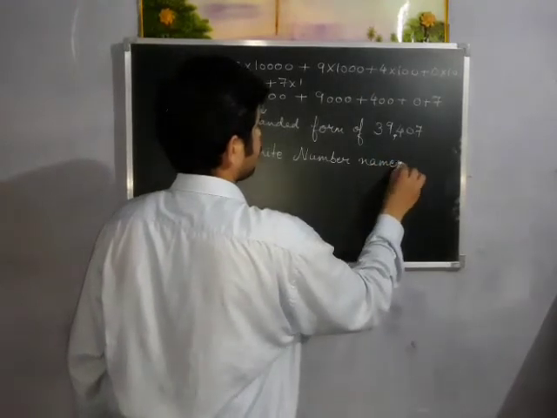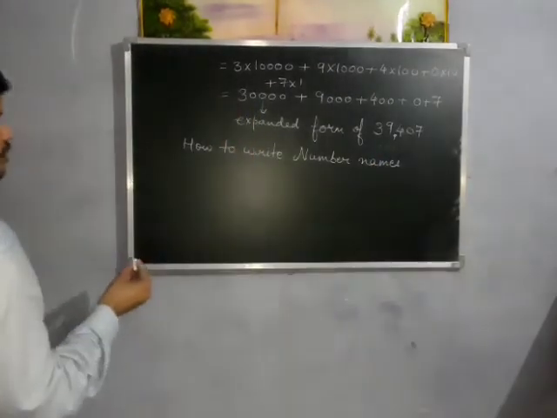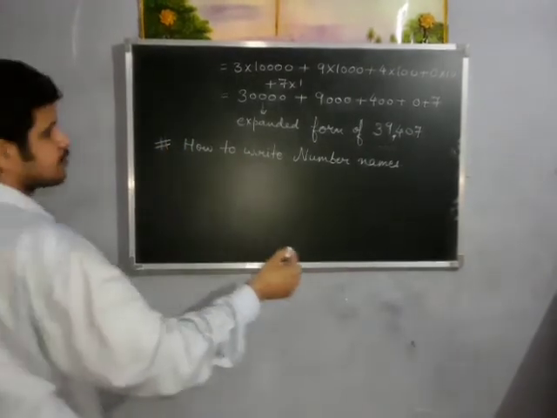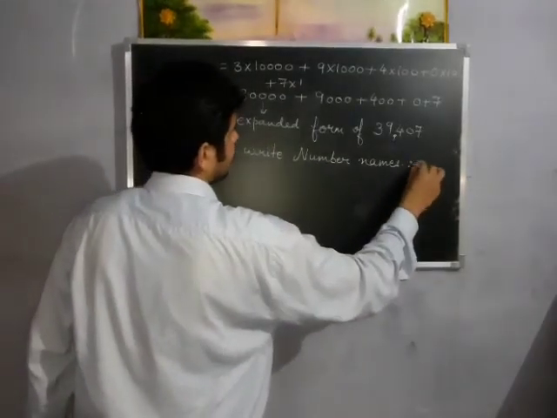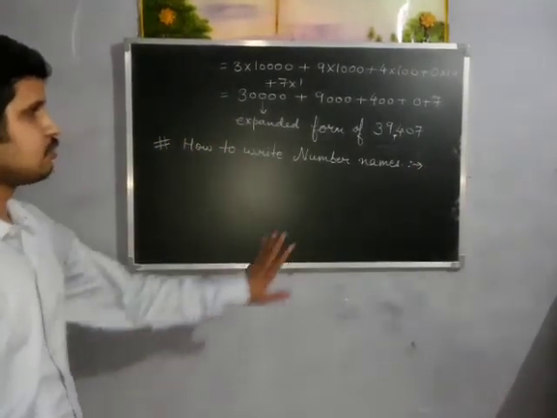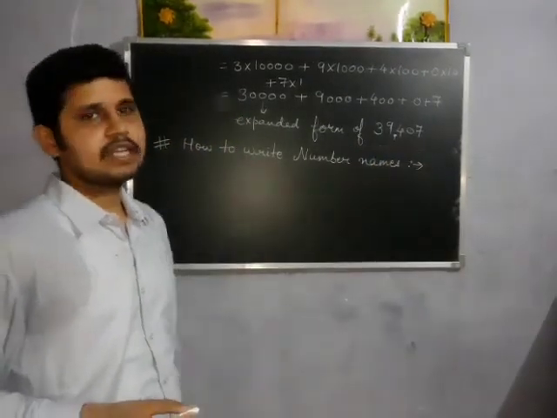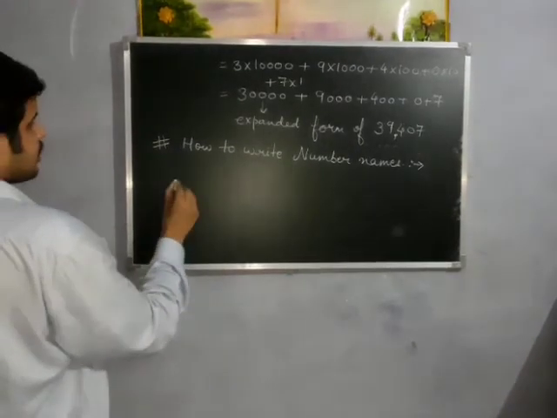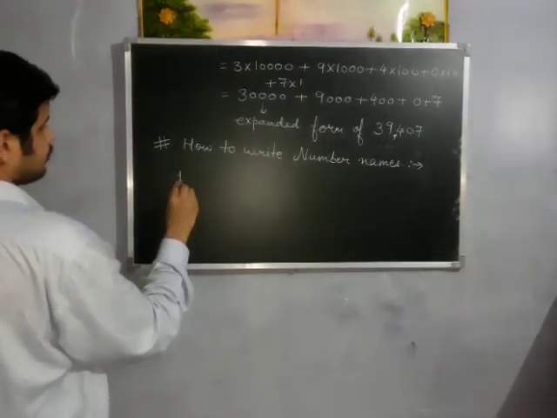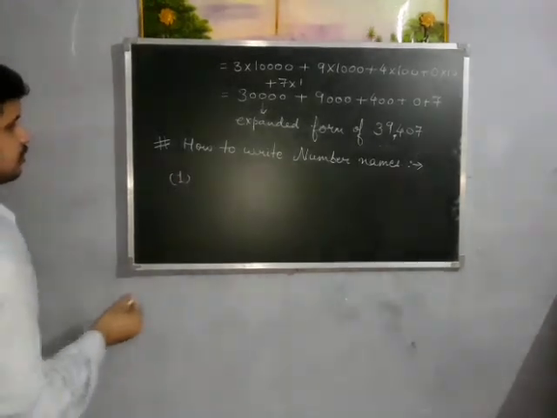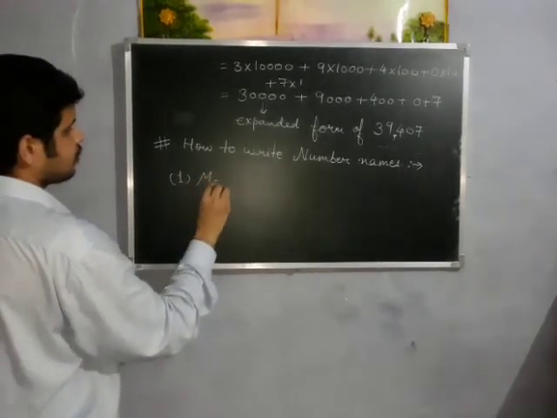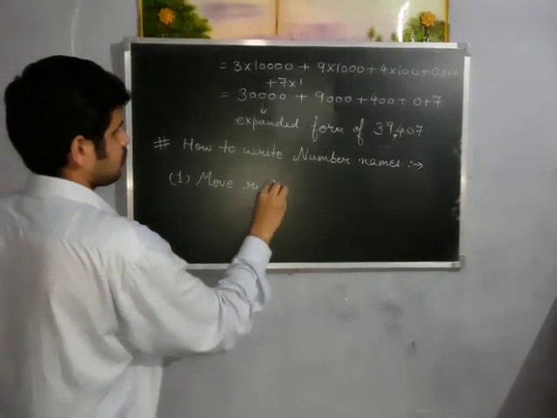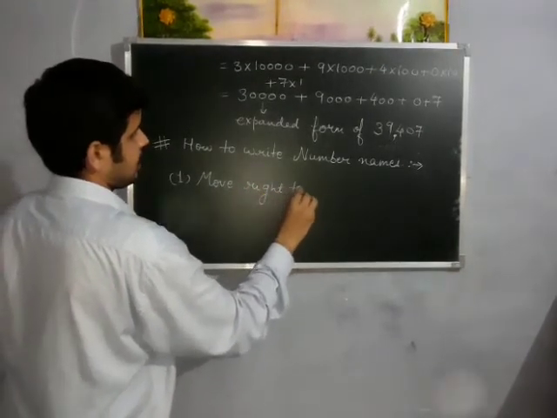First of all, students, I am discussing some points with you on how to write number names, and then I will tell you the number name of 39,407. So students, the first point is: move right to left.